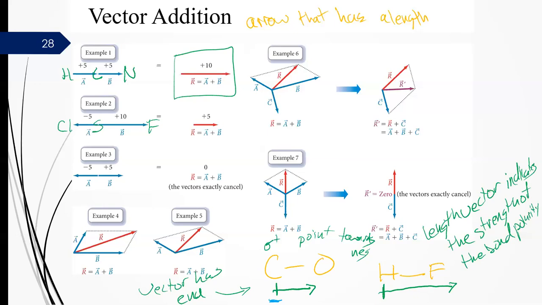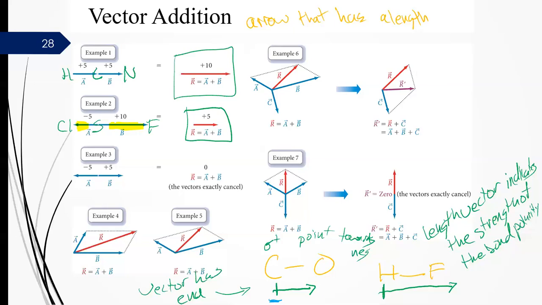This chlorine one is not as strong as this fluorine pull. And so overall, we still see a dipole moment for the molecule moving towards that fluorine because it can overpower the pull towards that chlorine.